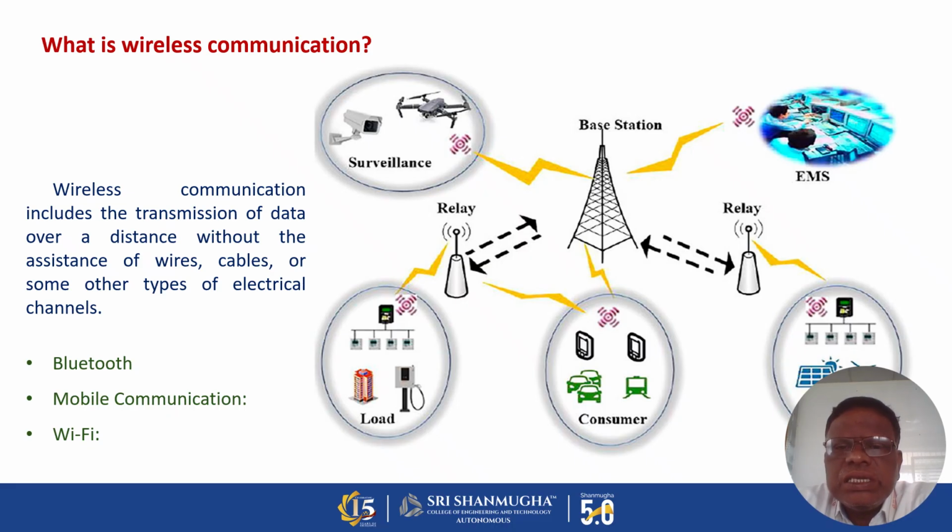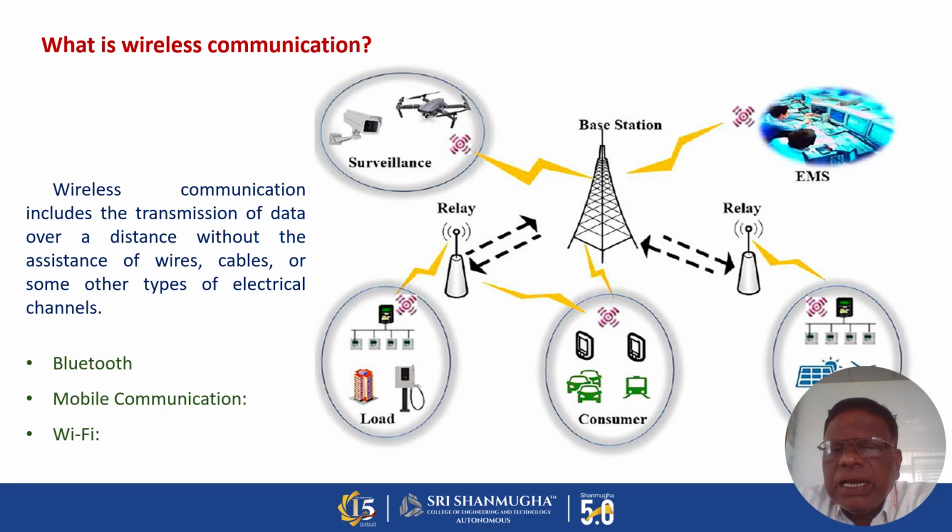Any one base station is fixed at a particular place, and relay stations are fixed at other locations in the directions of the base station itself. Based upon that, consumers, loads, surveillance, or EMS put together and transmit data from one place to another through the relay circuits.